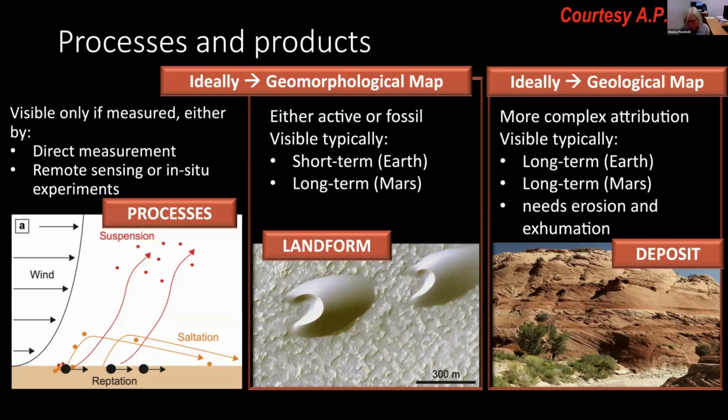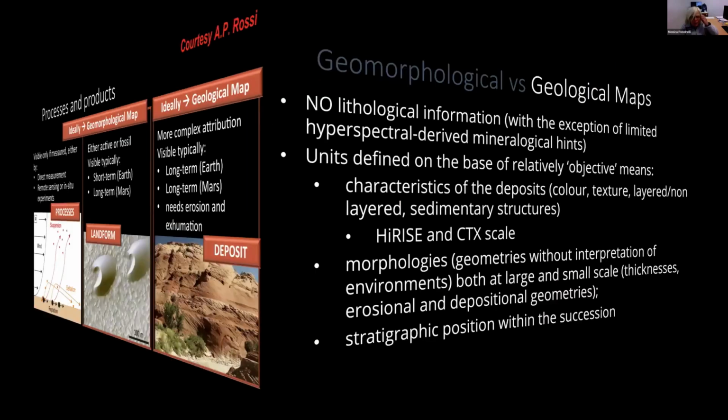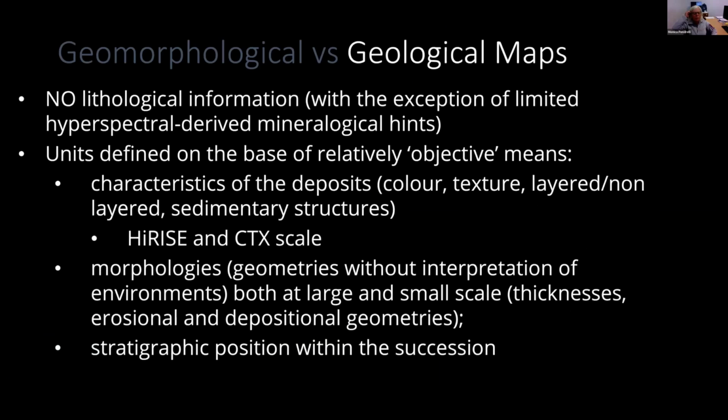This happens on Earth. But on Mars, speaking of geological maps is not trivial, because actually we have no lithological information. We discussed that before. And geological maps on Earth are based on lithological information. So somebody actually argued that we cannot even speak of geological maps on the planet.